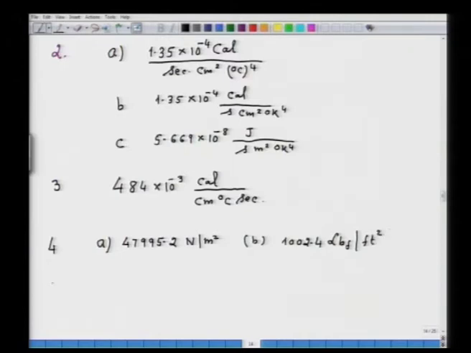The answer for fifth, where you are required to convert 1.2 dynes per centimeter square into microns of mercury. So, the answer is 1.596 microns.